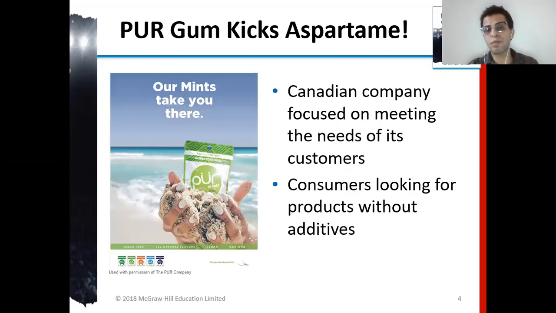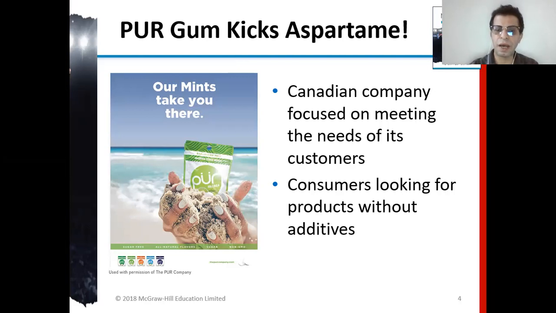Now, some of you have heard of Rum Gum cakes experiment. It's a Canadian gum, well, it's built and produced in Switzerland and introduced here. The Canadian company focused on meeting the needs of the customer. Customers don't want the chemical sugar in the gum.